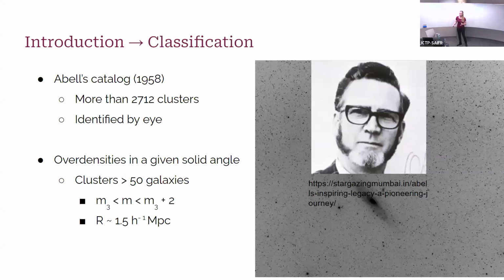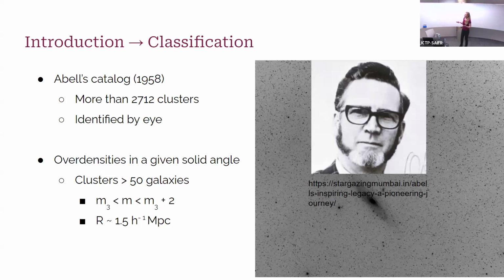And an important part of this study is the beginning of the classification schemes for galaxy clusters. Everything started with Abell. In 1958, he was able to catalog 2,700 clusters, and he did everything by eye.